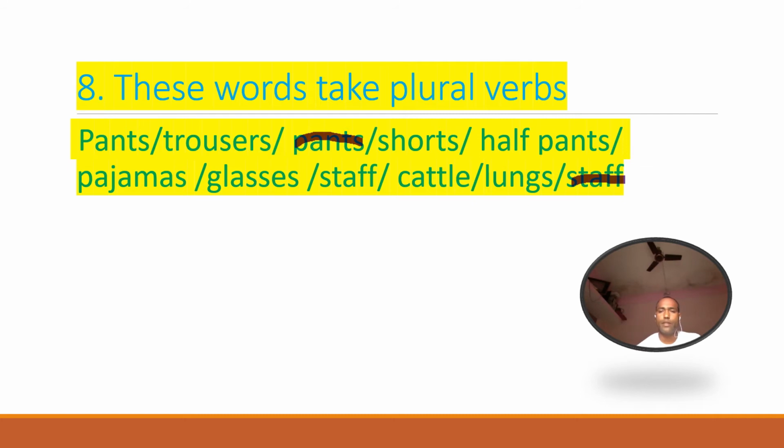The same case is here. So they often take, not only often, they always take which verb? Can you guess? Plural verb. But if there is a case of a pair of pants or a pair of trousers or a pair of shorts or a pair of glasses, in such a case, then they take a singular verb.